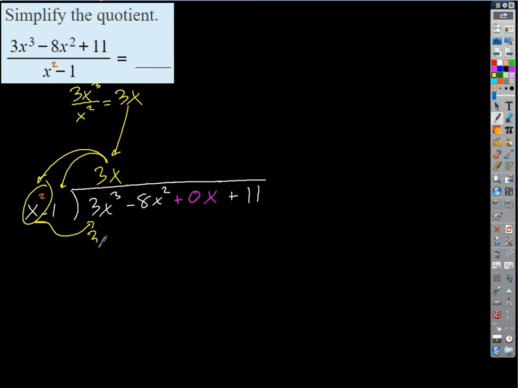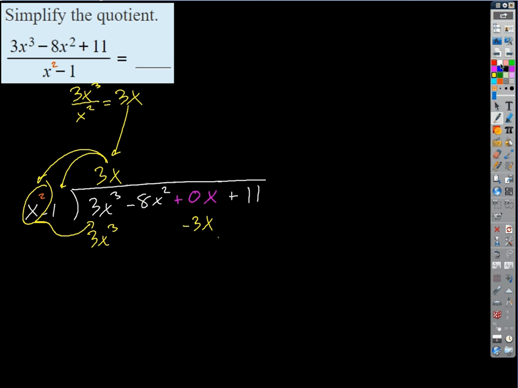That's 3x cubed, right? 3x times negative 1 is what? Negative 3x, right? So what column does that go in? The 0x column. Right there. Okay, so we get minus 3x.